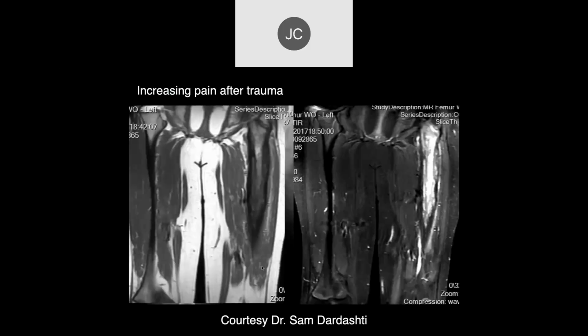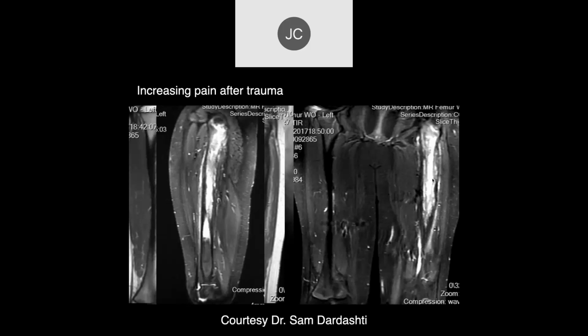Yes. All right, so a lot of edema within the medullary canal and also through the periosteum as well. Is this a subperiosteal hemorrhage? With edema in the surrounding soft tissues.